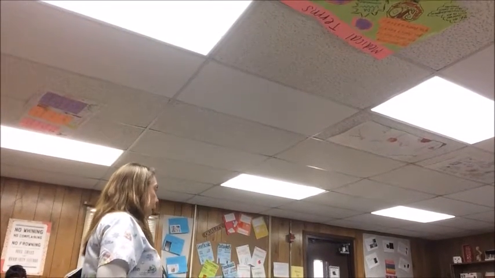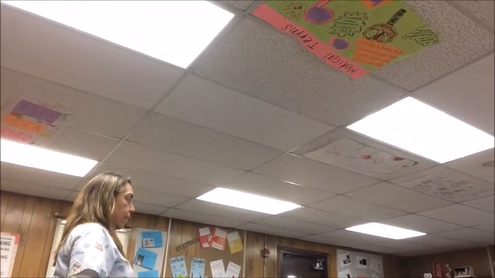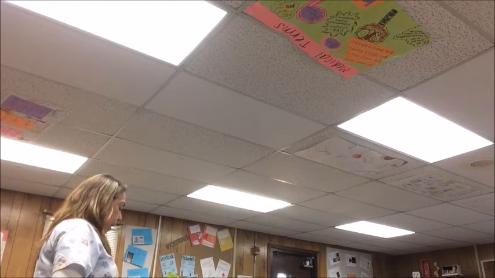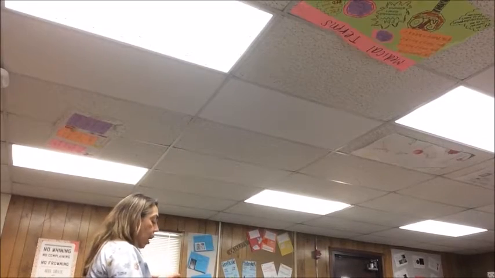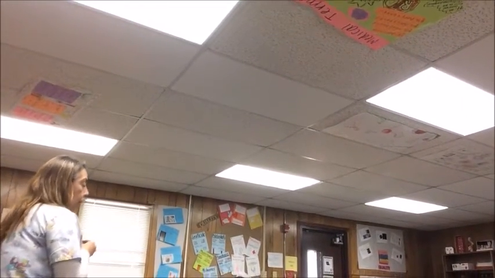Okay. The next one we're going to talk about is rickettsia. Your rickettsias are parasitic microorganisms that we are going to find in a living cell. Your rickettsia cannot live outside a living cell, okay?